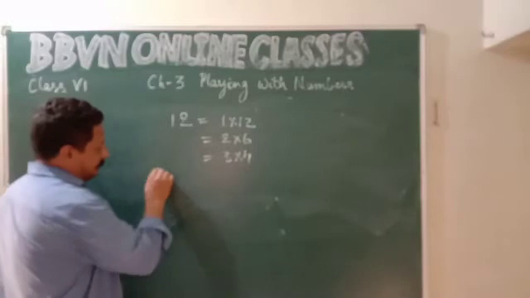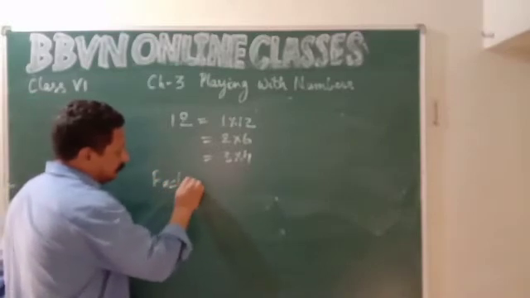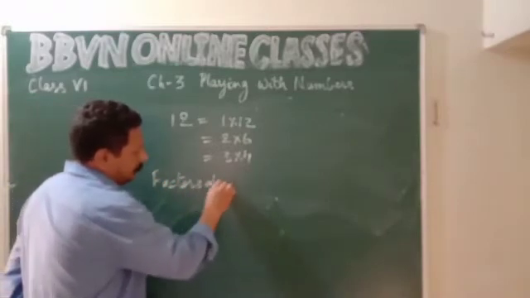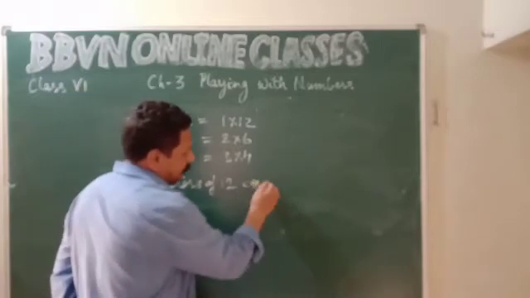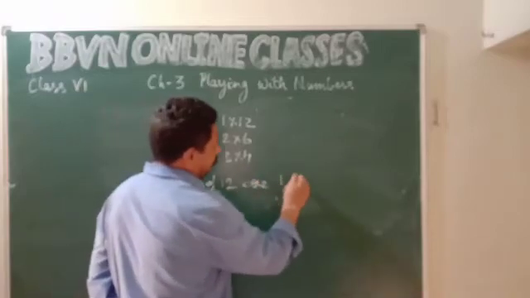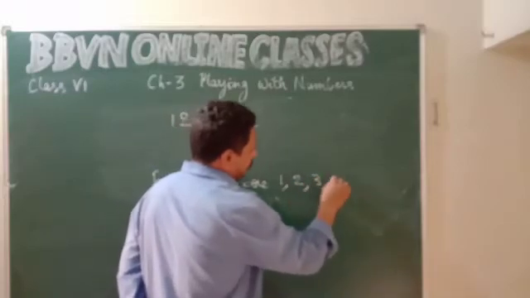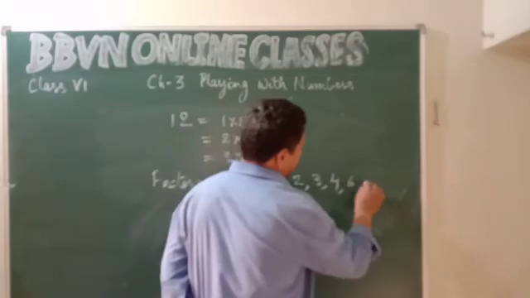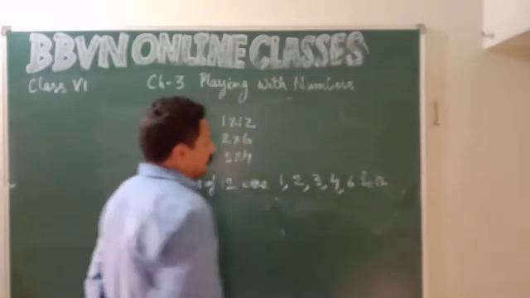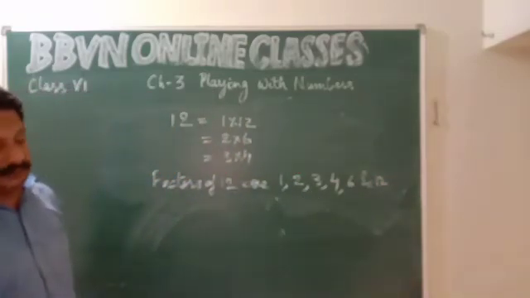So factors of 12 are 1, 2, 3, 4, 6 and 12. These are the factors of 12.